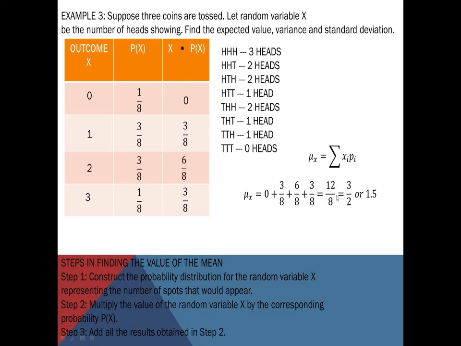That becomes 3 over 2. Okay, they are both divisible by 4. Right? 12 divided by 4 is 3, and 8 divided by 4 is 2. Can 3 over 2 still be simplified? No, it cannot. So, again, its corresponding decimal is 1.5. So, that is now our mean.